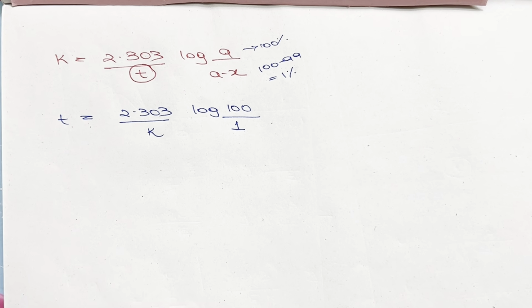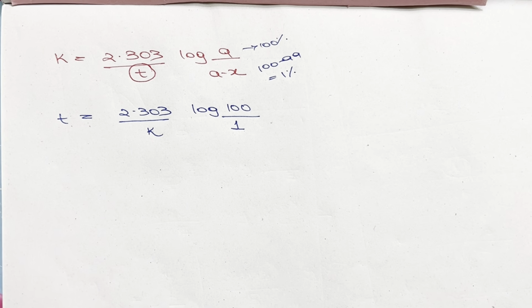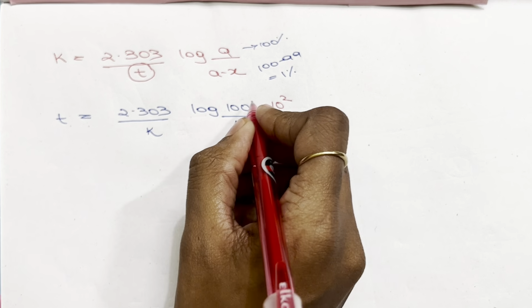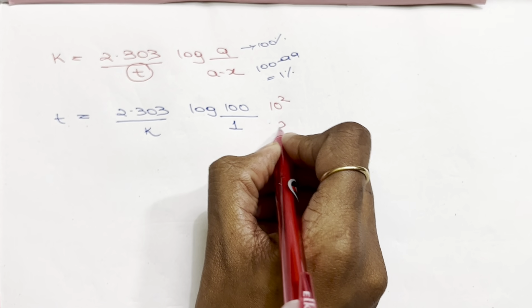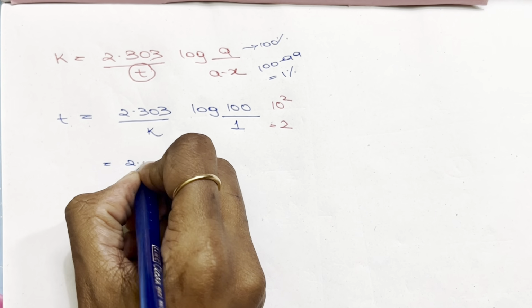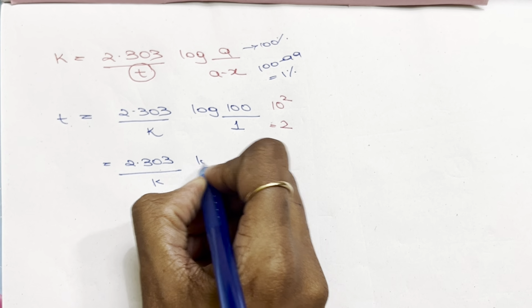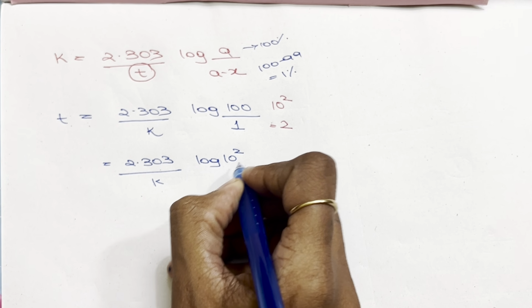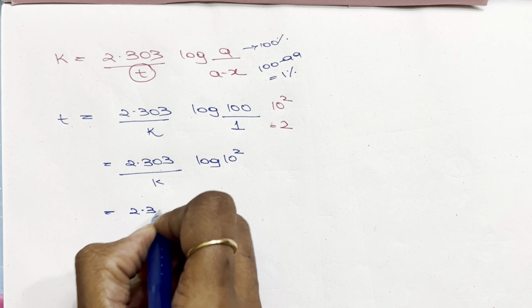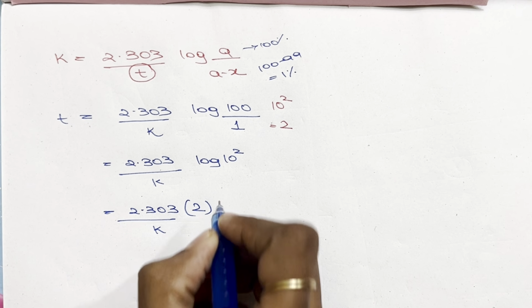And we know that 100 is actually 10 to the power 2. If you take log of 10 to the power 2, it is actually 2. So we'll get the answer as 2.303 upon K into log of 10 to the power 2, which is again 2.303 upon K into 2.